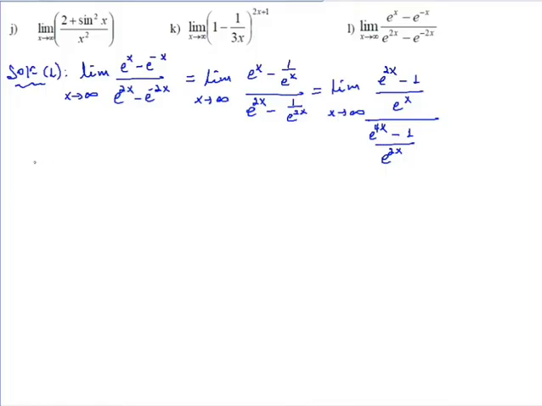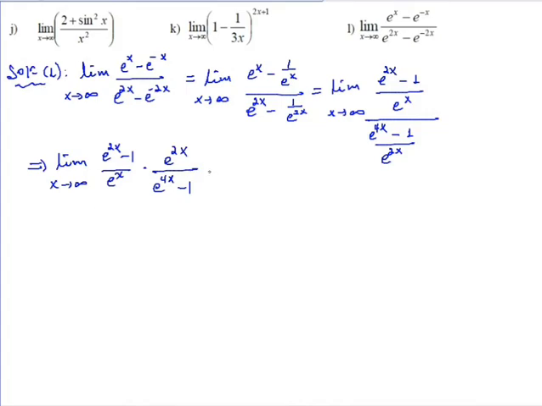So this can also be written as the limit of e to the power of 2x minus 1 over e to the power of x times e to the power of 2x over e to the power of 4x minus 1 as x approaches infinity. Now let us simplify this.